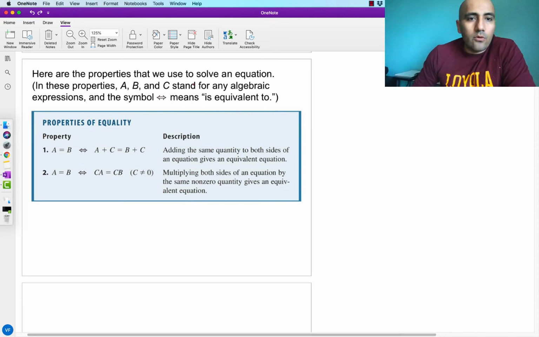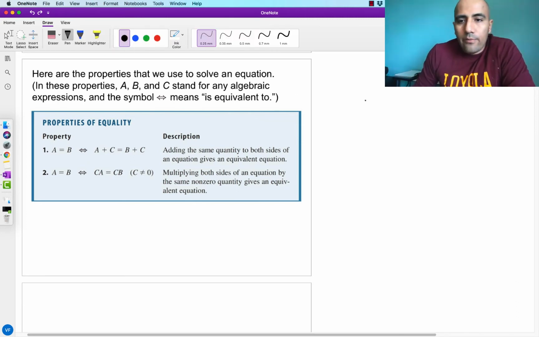So for example, 3 does not equal 2, right? That's definitely false. But if we choose to multiply both sides of the equal sign by 0, we end up with 0 equals 0.